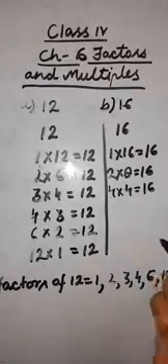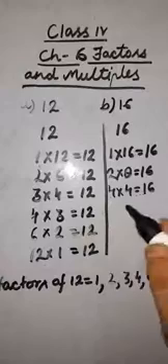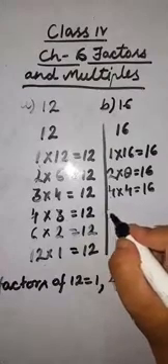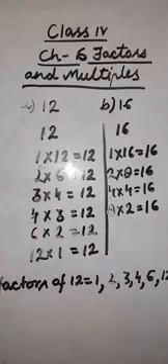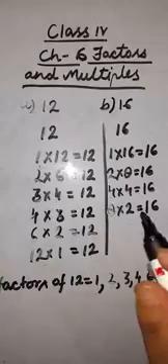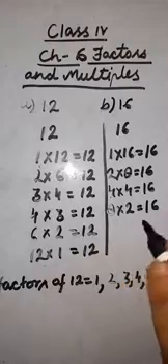Now 5 no, 6 no, 7 no, 8 yes. 8 multiplied by 2 is equal to 16 and 9 no. 10, 11, 12, 13, 14, 15, now 16.